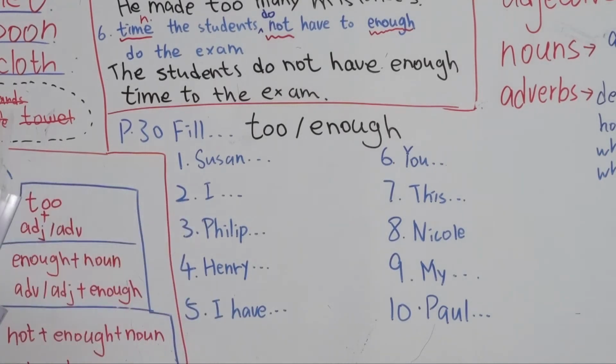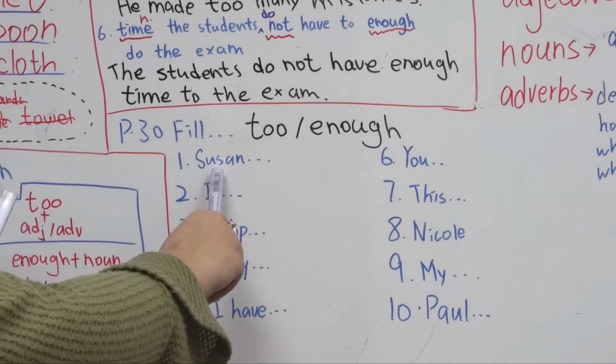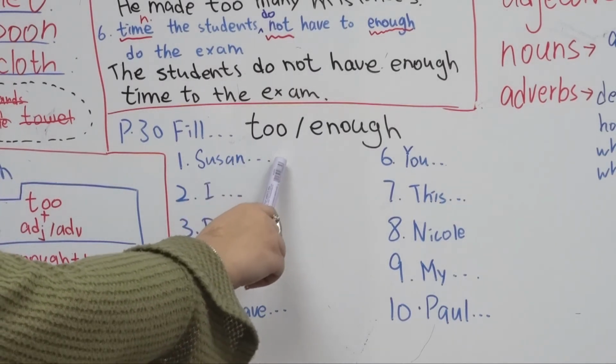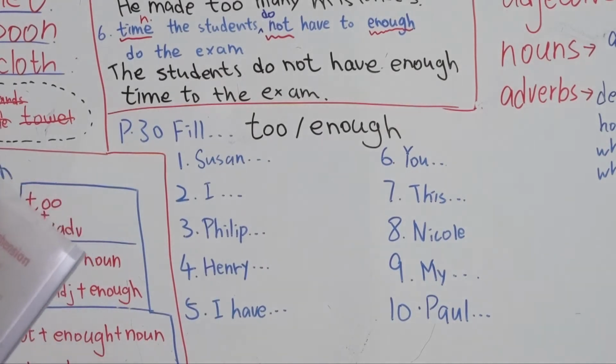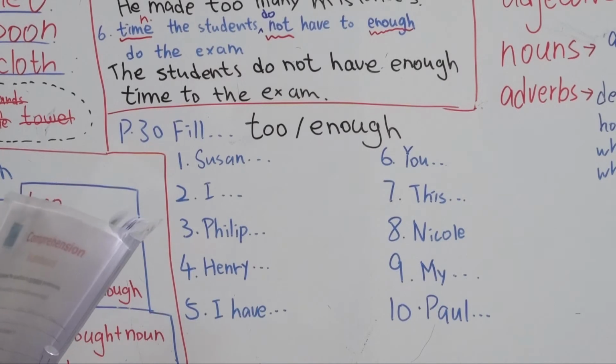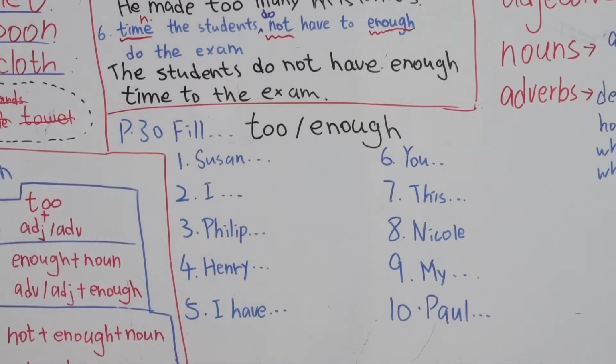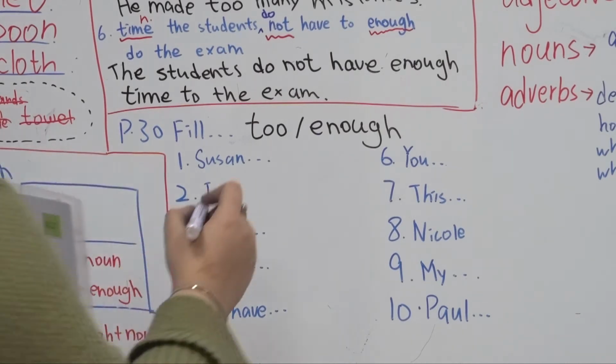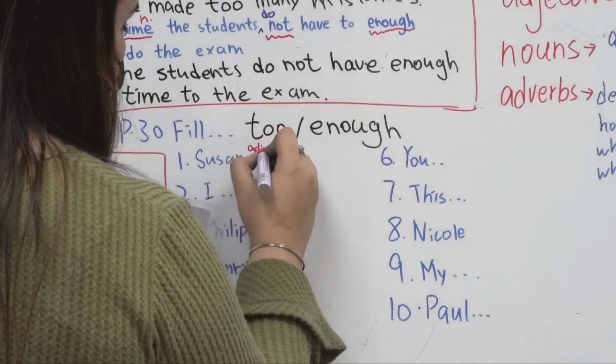Number 1. Susan is strong, what, to carry these heavy bags. Which one makes sense? Too? Susan is strong too carry these heavy bags? Enough. Strong enough. Can you underline strong and write adjective? This is an adjective.